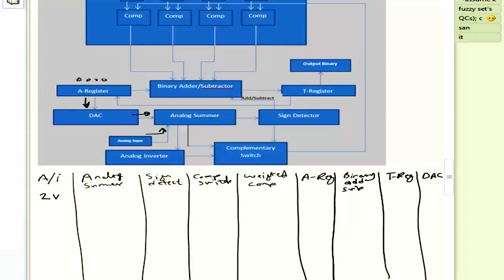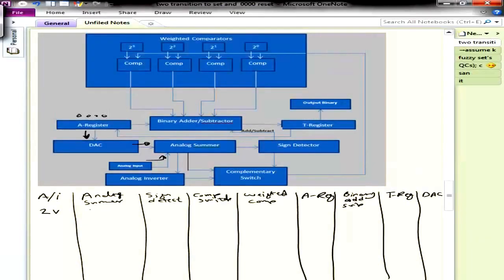But the DAC output is inverted, so we have a negative sign at the output. So actually the analog summer subtracts the DAC from the analog input.